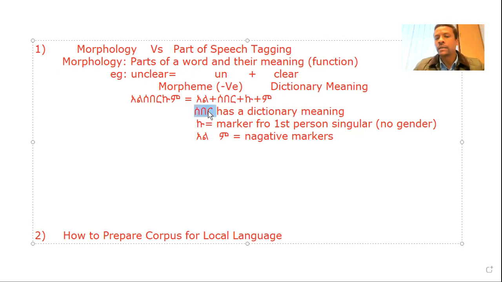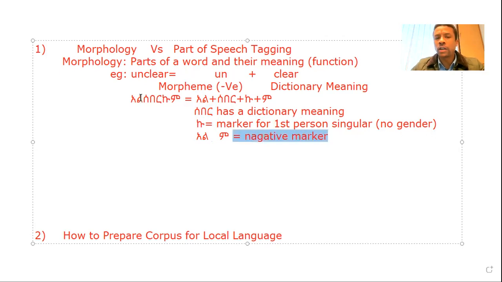The word sabbar has a dictionary meaning. The morpheme "ku" is a marker for first person singular neutral gender, then "al" and "m" in combination is a negative marker for the Amharic word.